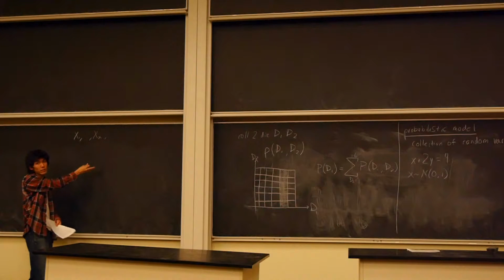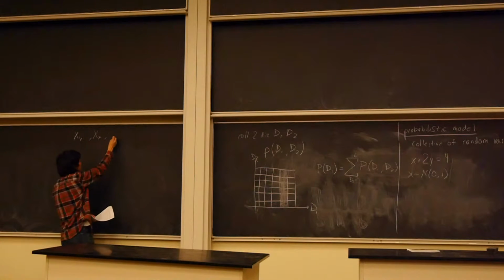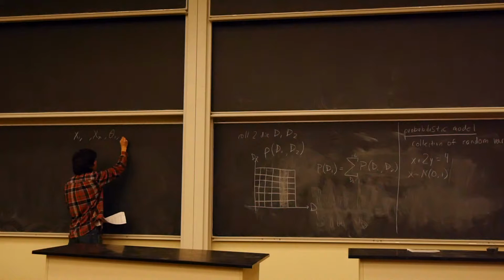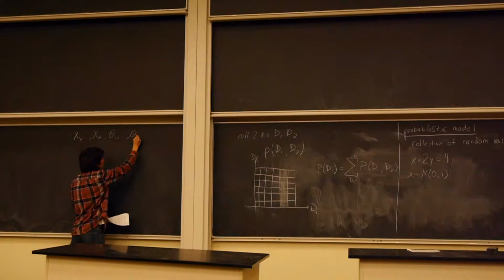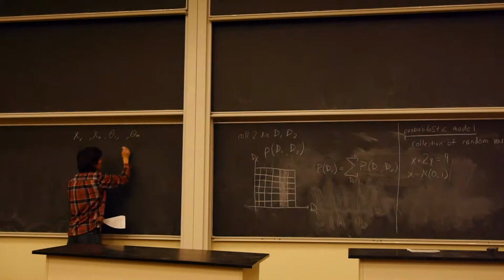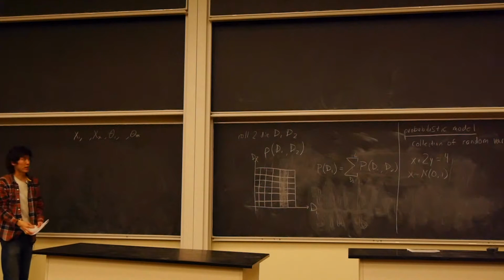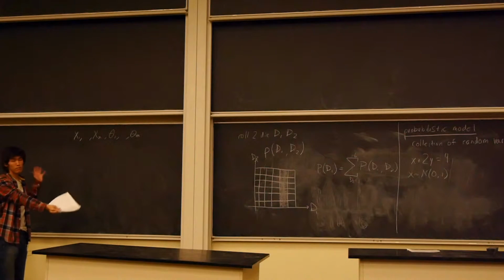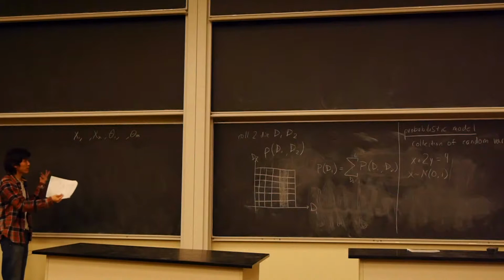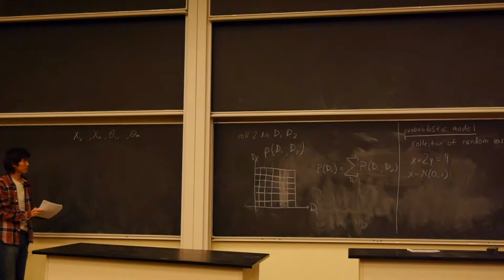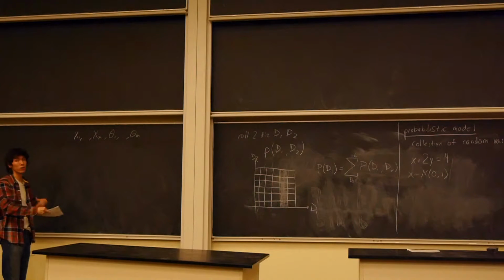I have x1 through xn, and I have theta 1 through theta m, let's say, right? So I just have n plus m random variables, and they're somehow related to each other. I'm not going to tell you how or why, because this is a general definition.